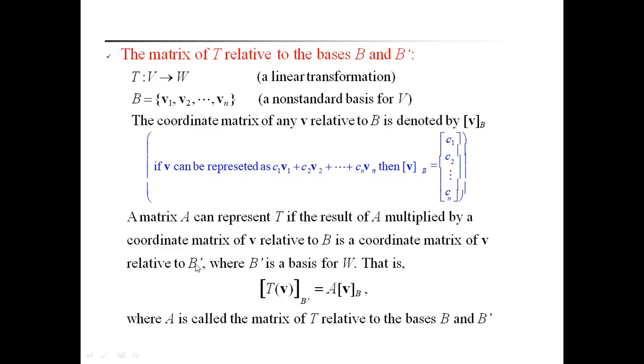This is the formula: if A multiplied by the coordinate matrix of V relative to the basis B gives T of V relative to the basis B dash, then T of V relative to the basis B dash is equal to A into the coordinate matrix of V relative to the basis B, and A is called the matrix of T relative to B and B dash.